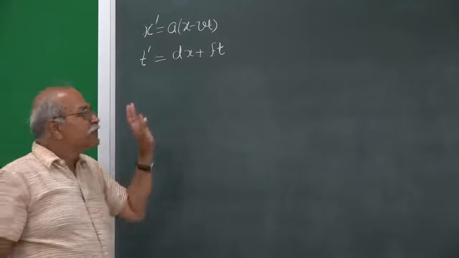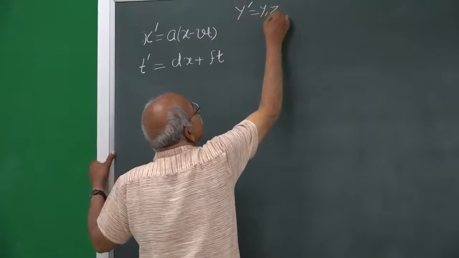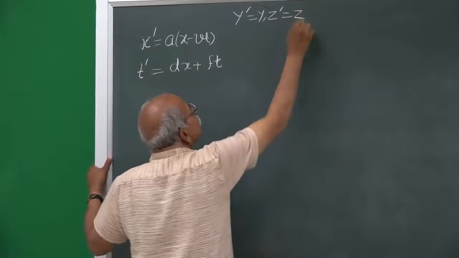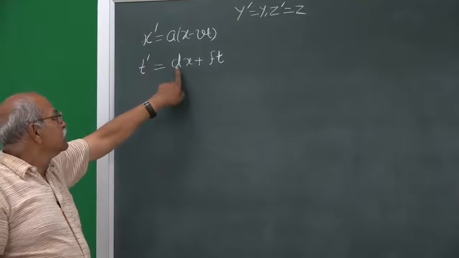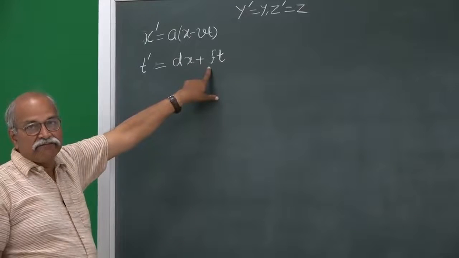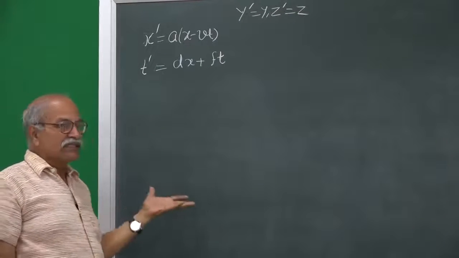So, we have now three unknowns, and of course, we had taken y prime is equal to y and z prime is equal to z. So, we have three constants a, d and f. These are three constants, and therefore, we need three equations.